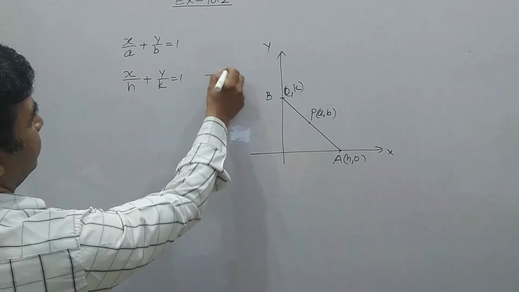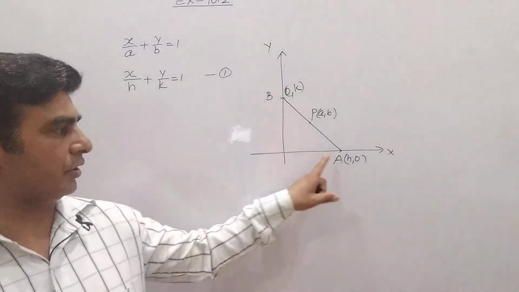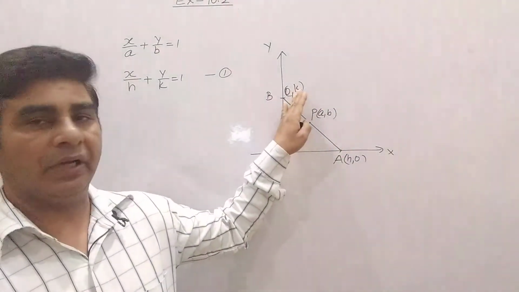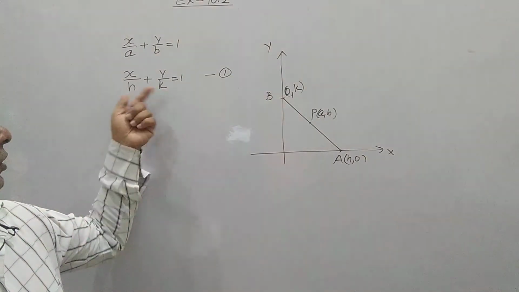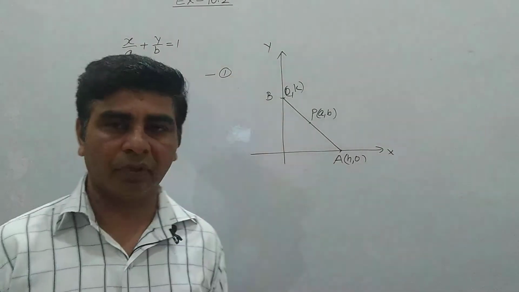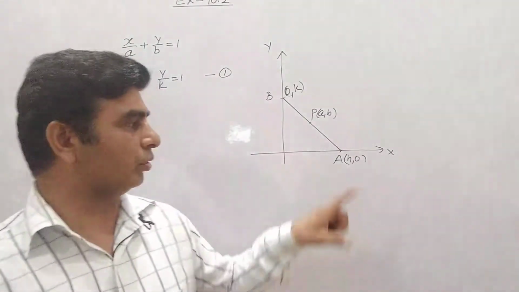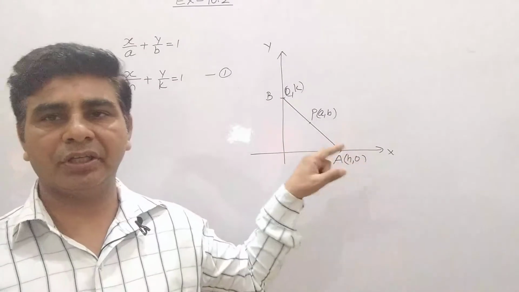So this is the equation of line segment AB whose intercept on the x-axis is h, 0 and on the y-axis is 0, k. Now because h and k are assumed by ourselves, these intercepts are taken by ourselves, so these are to be replaced in the form of a, b because a, b coordinates are given to you.